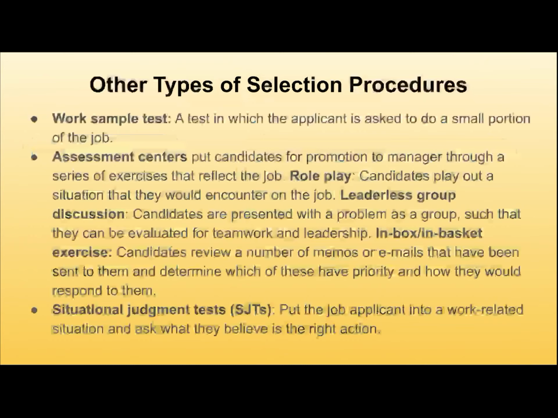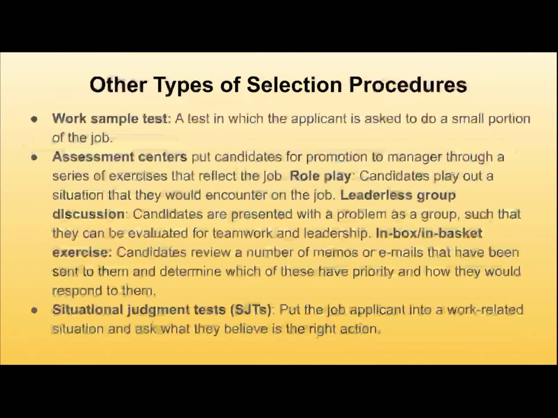One is called role play, where the candidates play out a situation they might encounter on the job. They act out what they would do in certain situations. There's something else called a leaderless group discussion, where the candidates all get together and they're presented with a problem and they need to work on it as a team or as a group without one person designated as the leader.